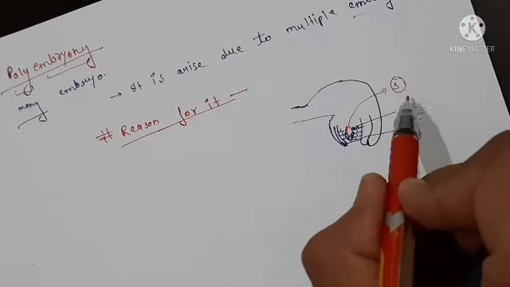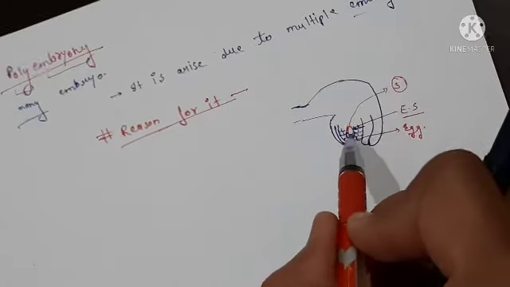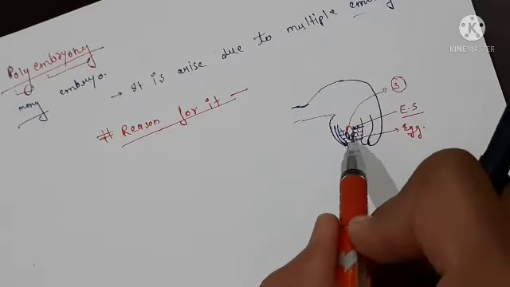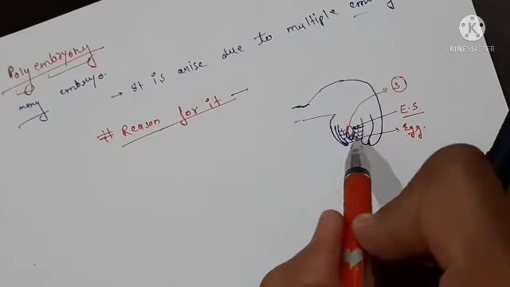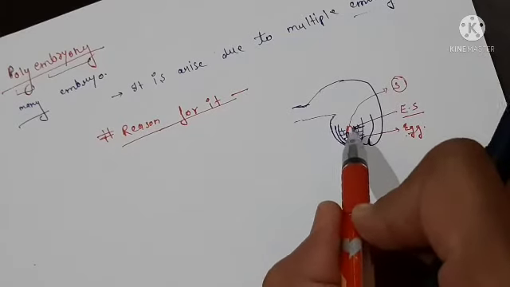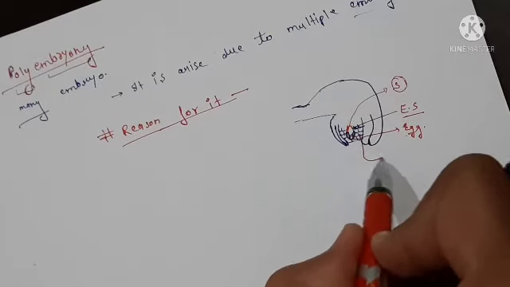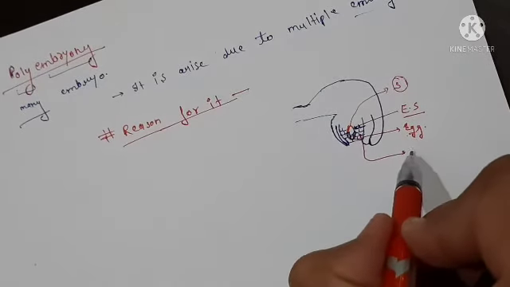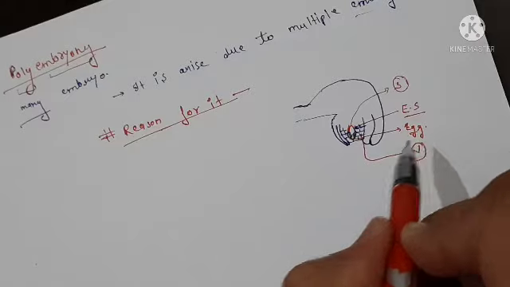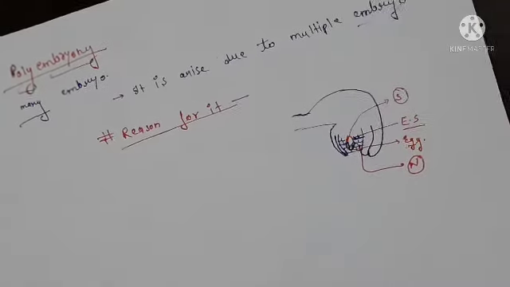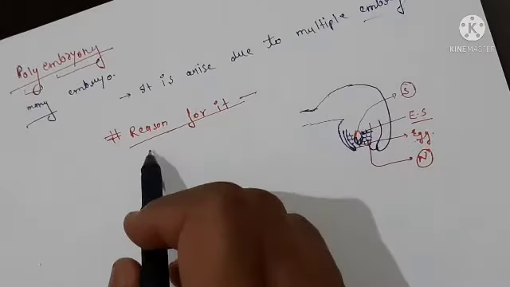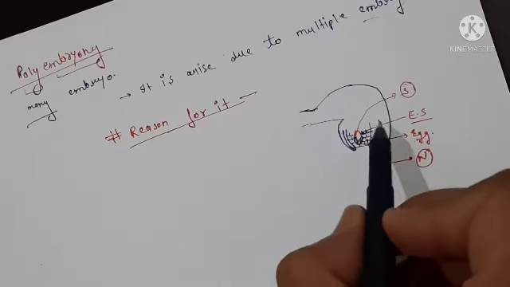I think you have to know this very well. This whole red structure is the embryo sac, and this blue color structure is the nucellus. So what are the reasons for polyembryony? If a seed contains more than one egg.